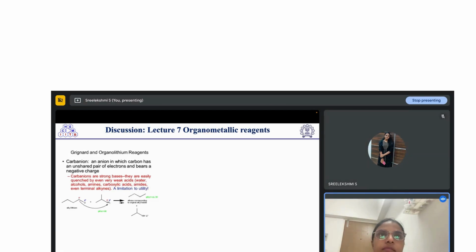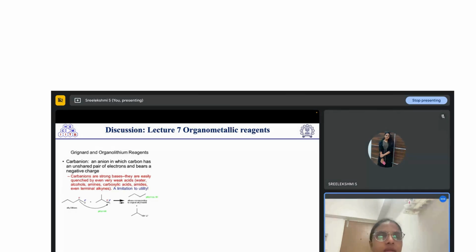So in an alkyl halide, this carbon will be more susceptible to reaction with nucleophiles. But in an organometallic compound, this carbon is bonded to a metal. That means the metal will be electropositive and the carbon will have a partial negative charge, which we can call a carbanion. So this carbanion will always have a tendency to react with electrophiles.